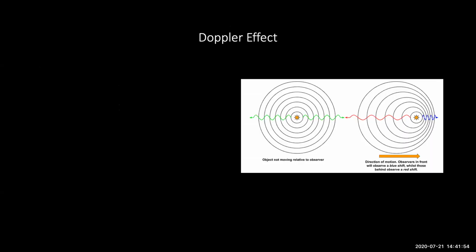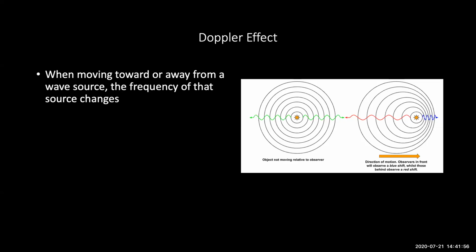So what is the Doppler effect? When you move towards or away from a wave source, it changes the frequency. I don't know if you've ever been somewhere where you've heard an ambulance approaching, but you've probably heard this. So an ambulance is approaching, and then it moves past you. So what happened?